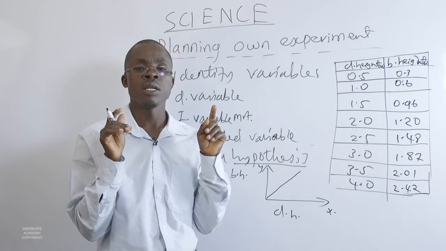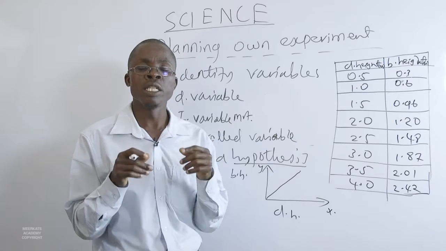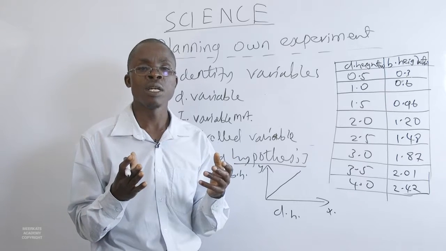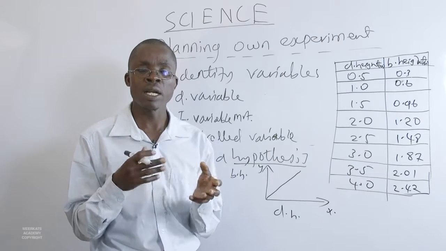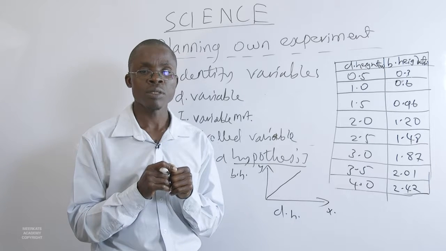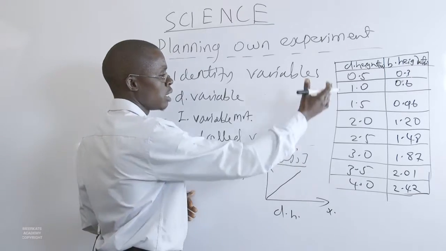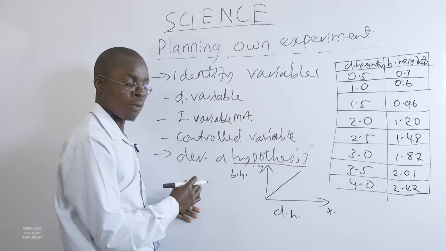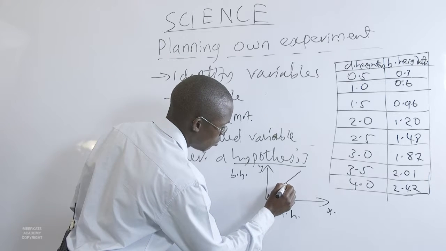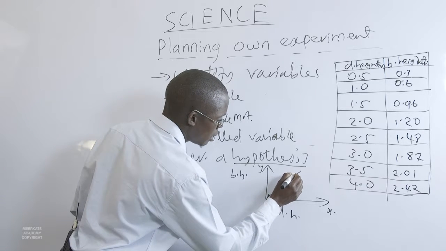But remember, in any normal experiment where a human being is open to errors, you and me, we are always open to errors. We can make an error here and there. You can misjudge that measurement. Because of that, you may find that when plotting these figures on your graph, some will lie on a straight line, but you may find some going a little bit out of the line.